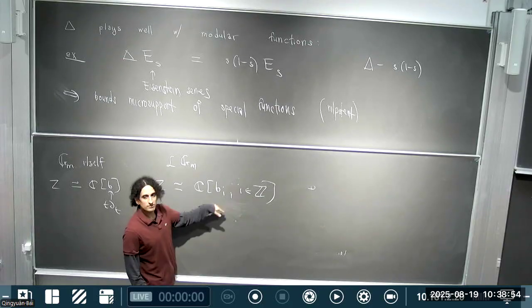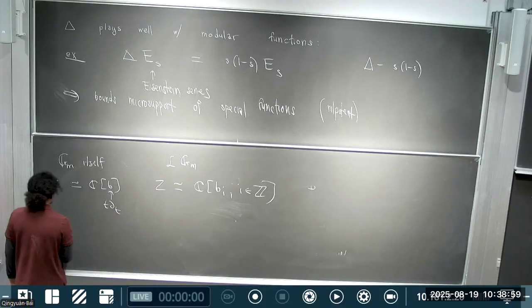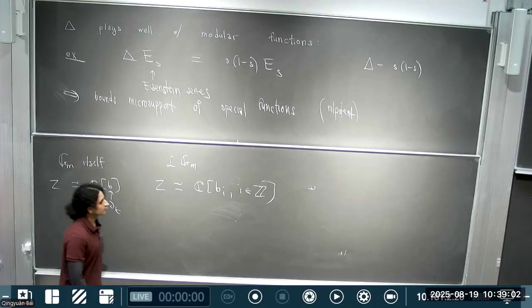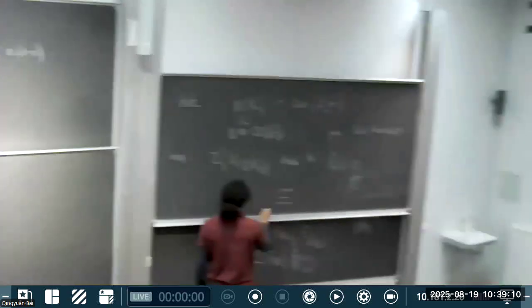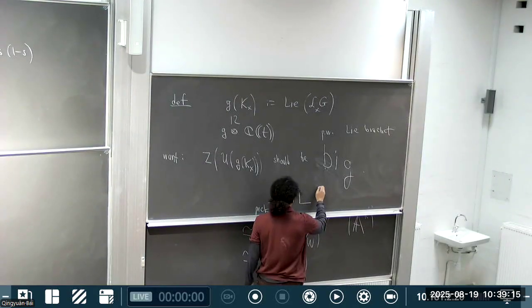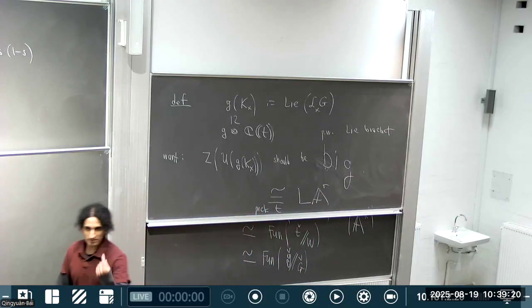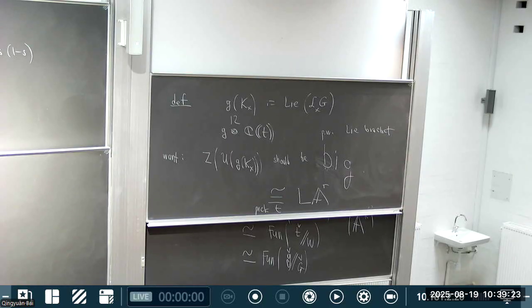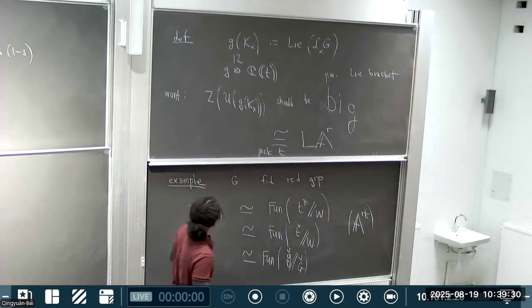So each central element we had before, now we've got all of them. This turns out to be true. That is the theorem of Feigin-Frenkel that we'll learn about later.